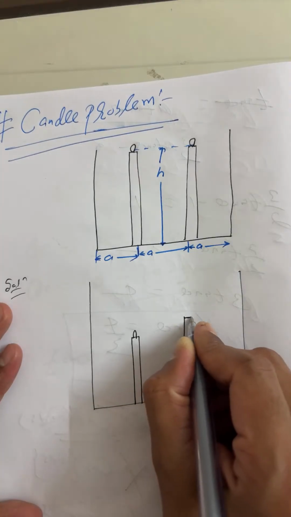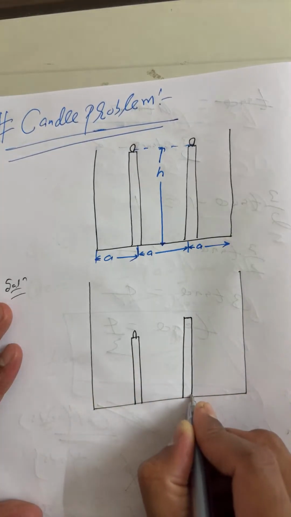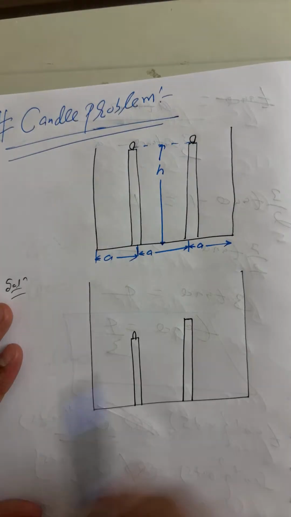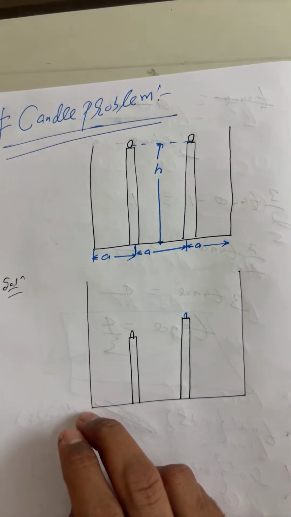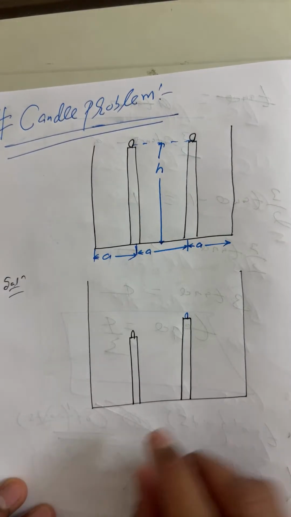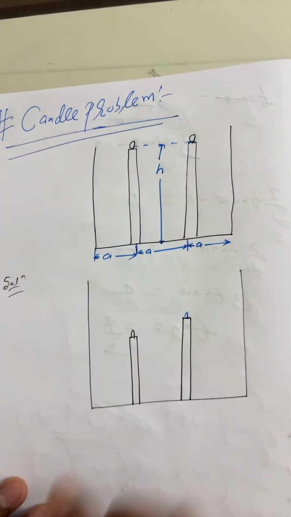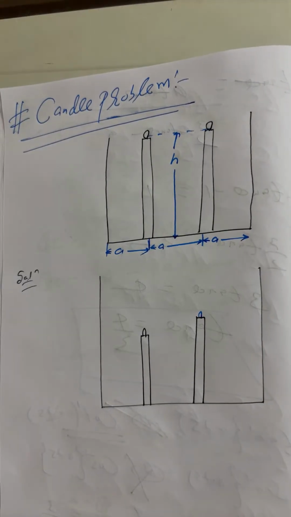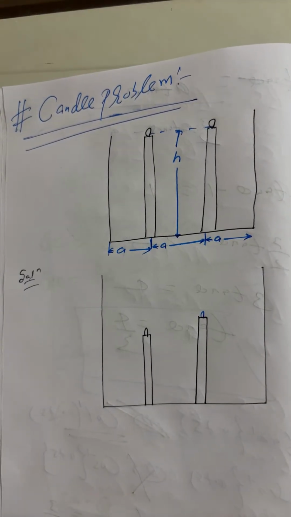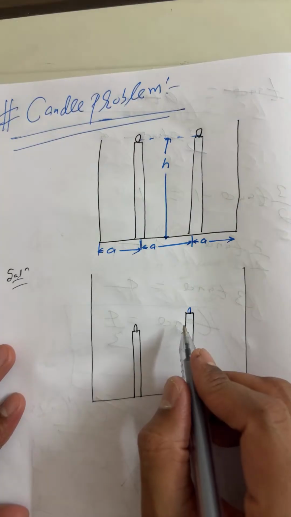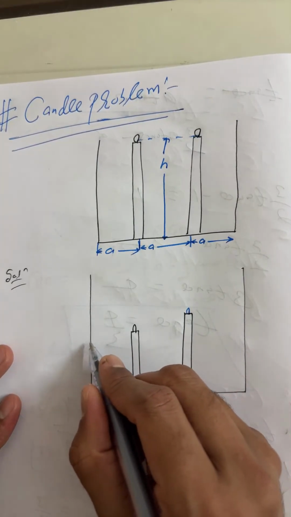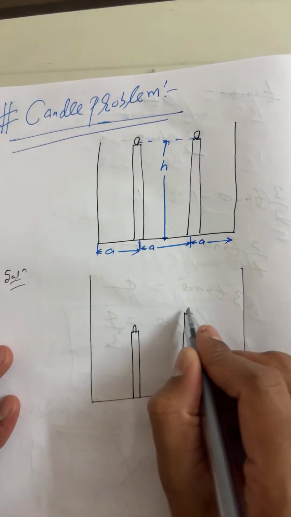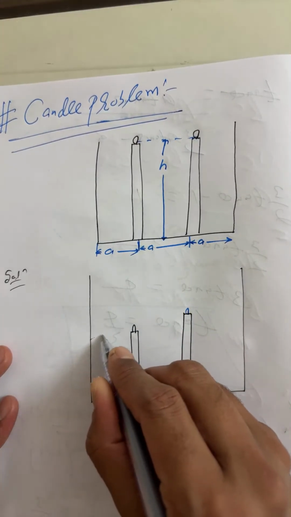Make sure you are understanding. Take care with this condition, because the initial height is h, right? What is the height now? Just think like that. This looks like a trapezium.